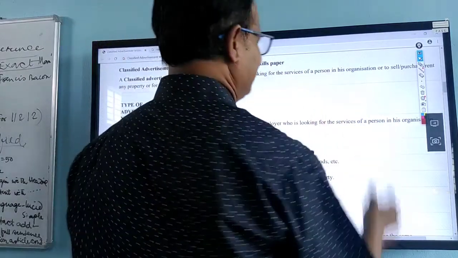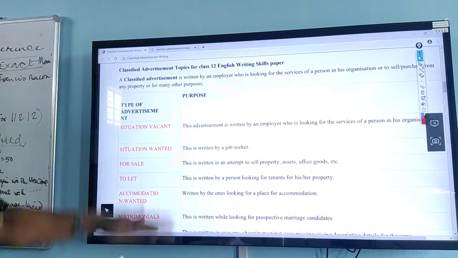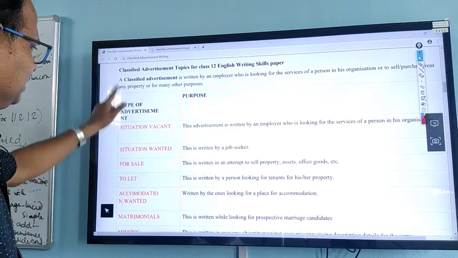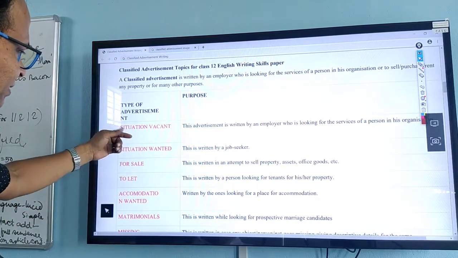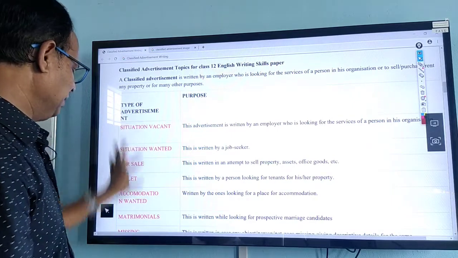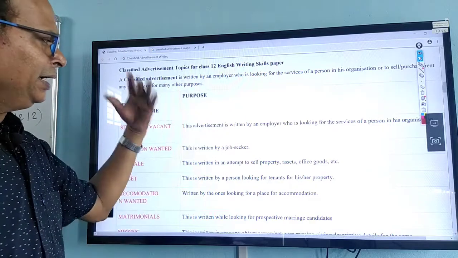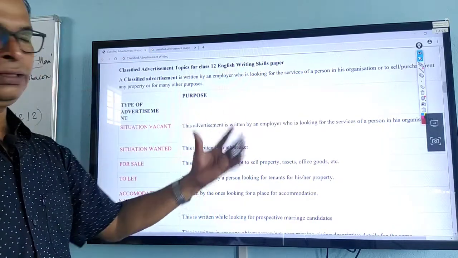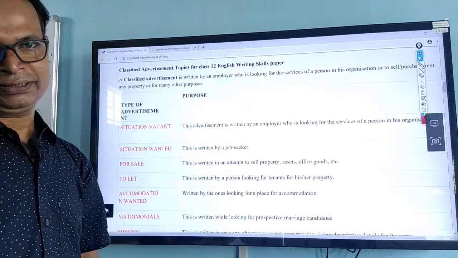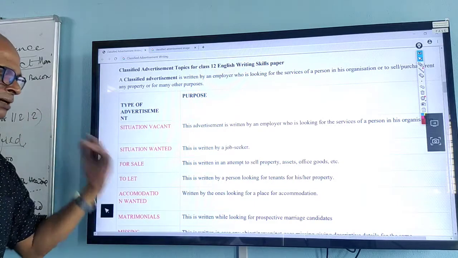Before going to the example, once again we will recapitulate our discussion. These are the different types of advertisement you have seen, and the purpose for which each advertisement is written. When we go into the detail of practice, you will become perfect, because only through repeated practice can you become perfect.